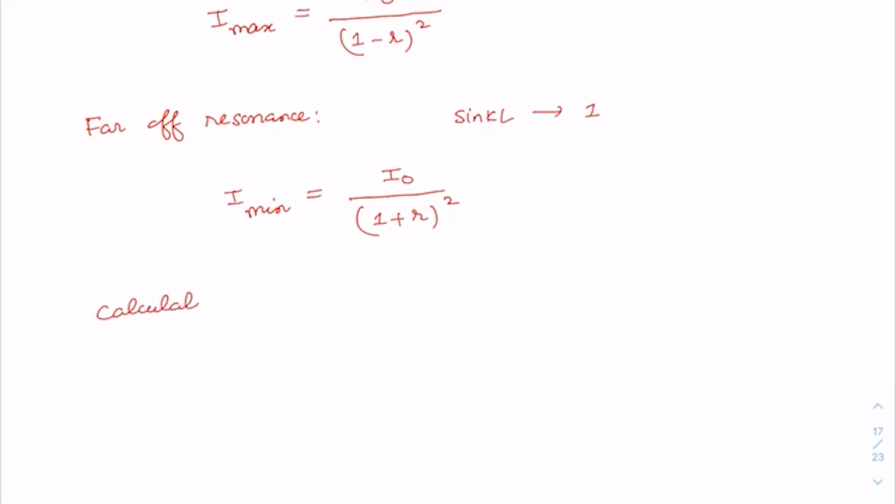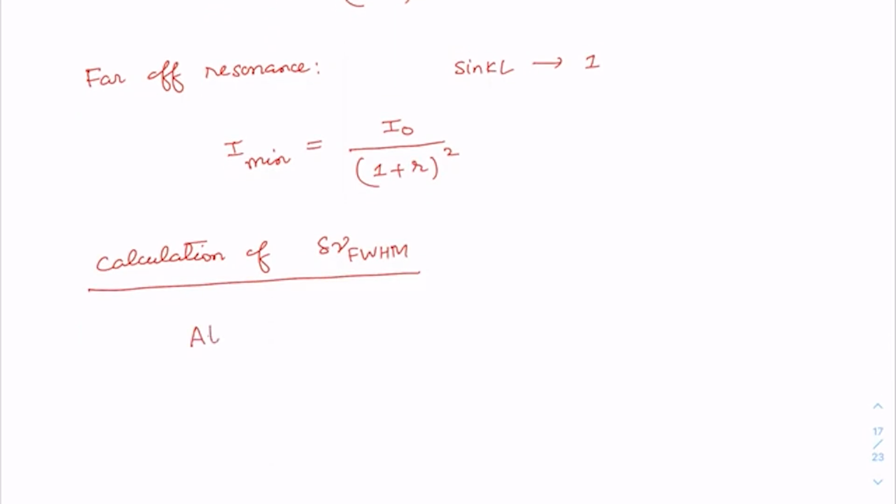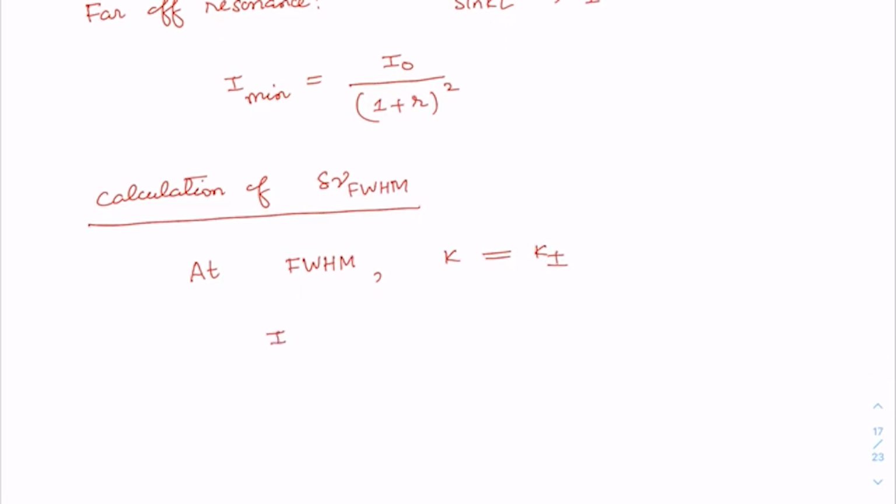Let me do the calculation of delta nu, full width at half maximum. This is pretty easy, because you know that at full width at half maximum, let us say k is taking the value k plus minus, then the intensity, because it is half maximum, is half I max, right? That's the half of the maximum.